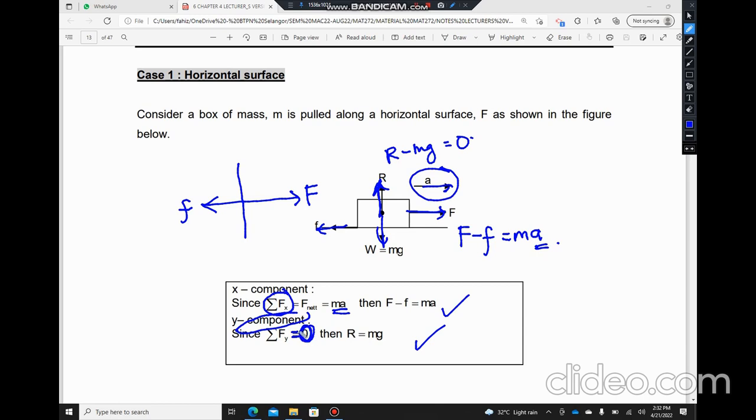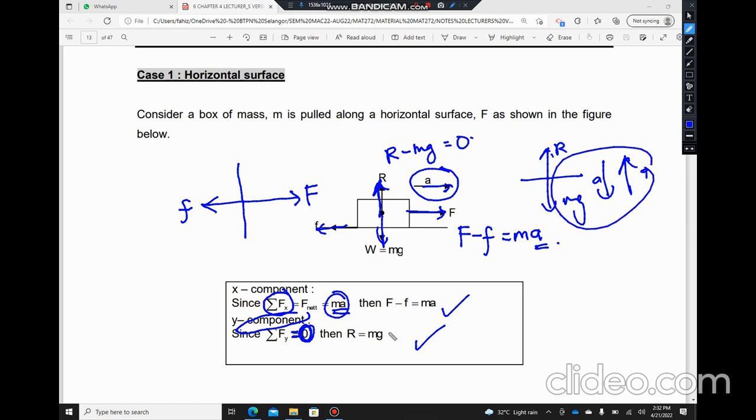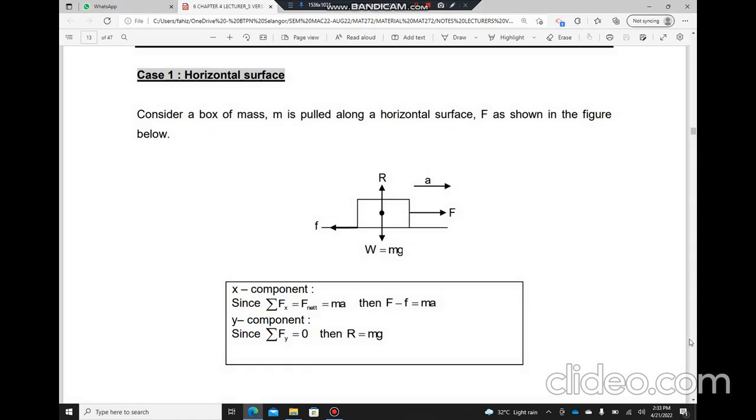So remember, make sure whether the sum of F equals 0 or equals ma, depending on your acceleration. For example, in the case of R and mg, if A is downward or upward, then here you need to change it to ma. Meaning we change the total, either 0 or ma. Okay, so this is for the horizontal surface.